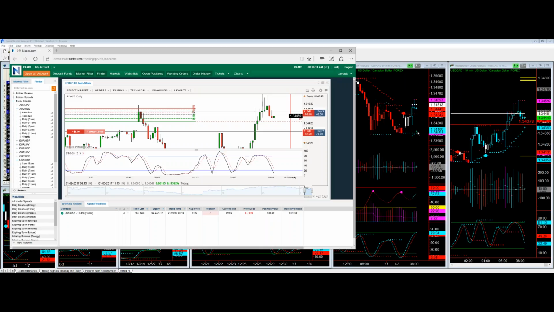If I see a reversal bar coming in, then I will exit the position. This is not one that moves real fast.